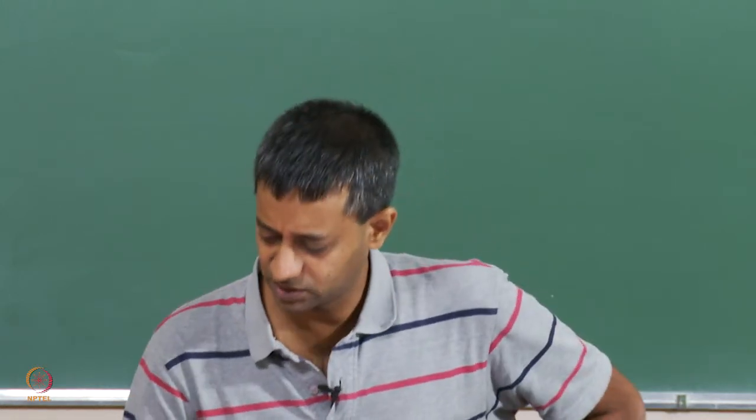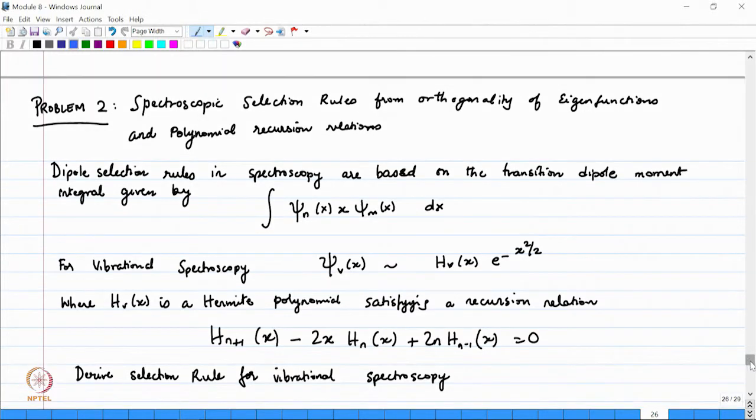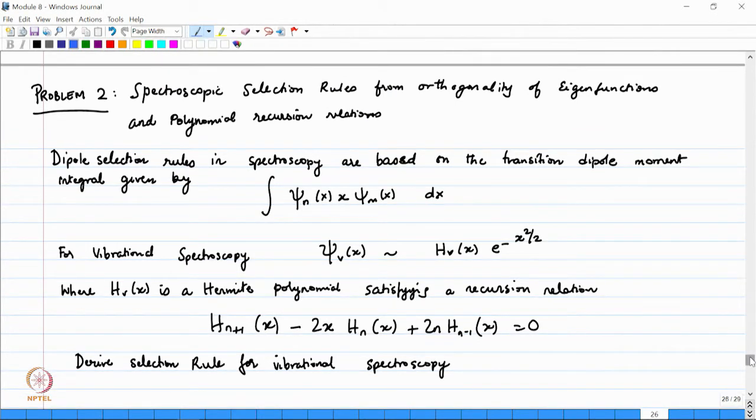Now, the next problem, this is another very practical application of orthogonal eigenfunctions. This is in deriving spectroscopic selection rules from orthogonality of eigenfunctions and recursion relations. The dipole selection rule is one of the most commonly used selection rules in spectroscopy.